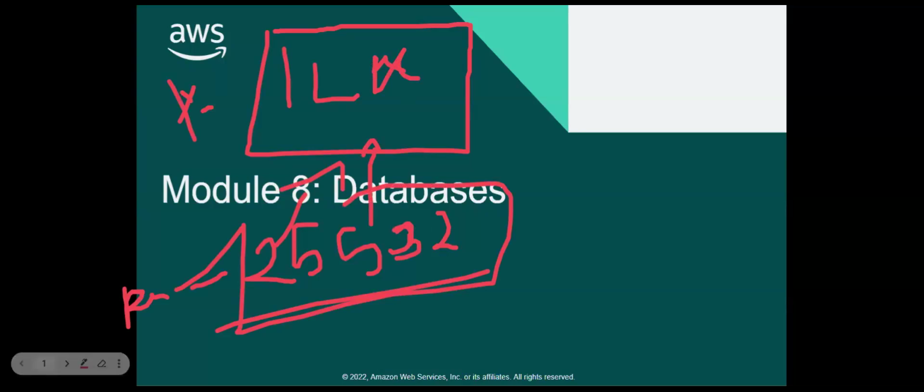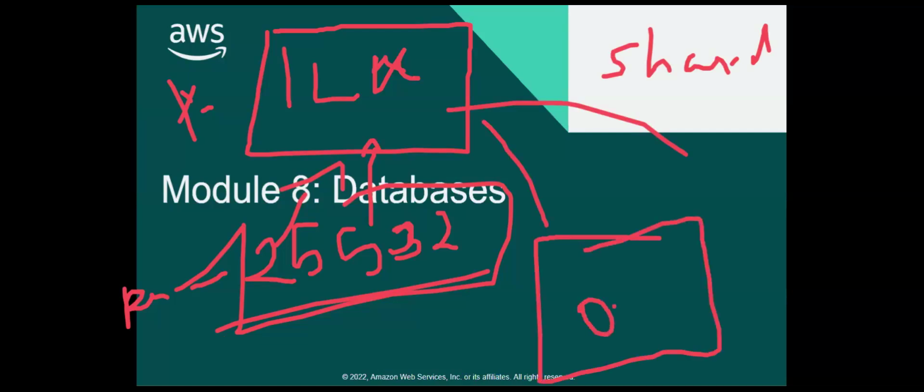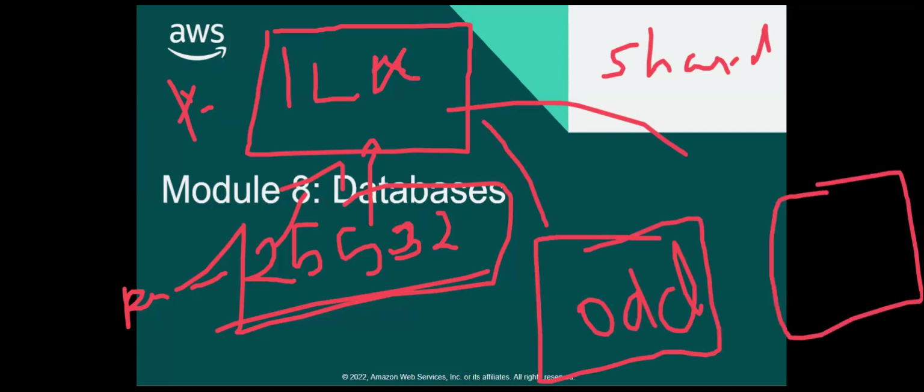Now how can we reduce this time? That's where they are using the strud concept. What is strud? Now this 1 lakh I am dividing into two tables. One is odd numbers, another one is even numbers.